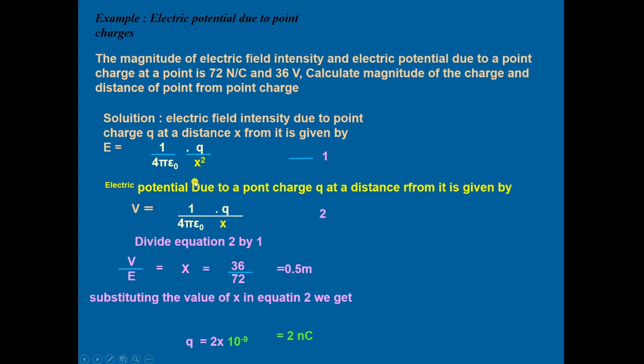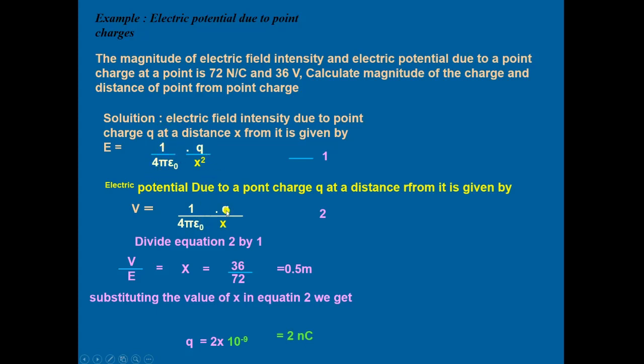This is for the electric field intensity, equation 1, and this is the potential, equation number 2. Divide equation 2 by equation 1. Then V by E will be equal to x, because 1 upon 4 pi epsilon naught and 1 upon 4 pi epsilon naught will simply cancel each other.